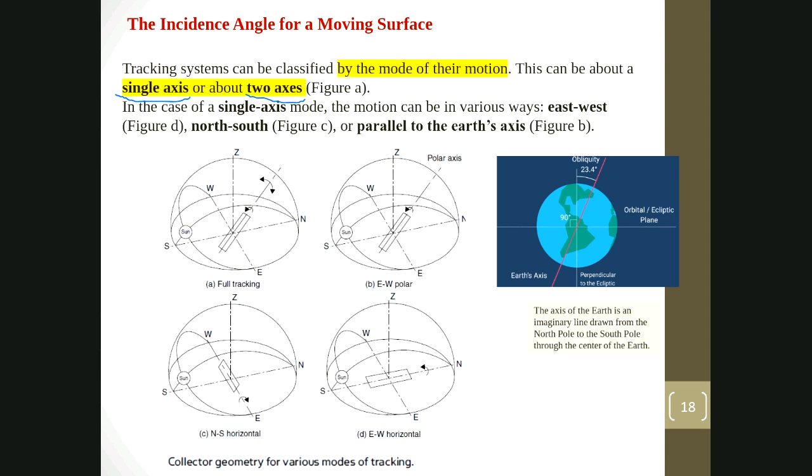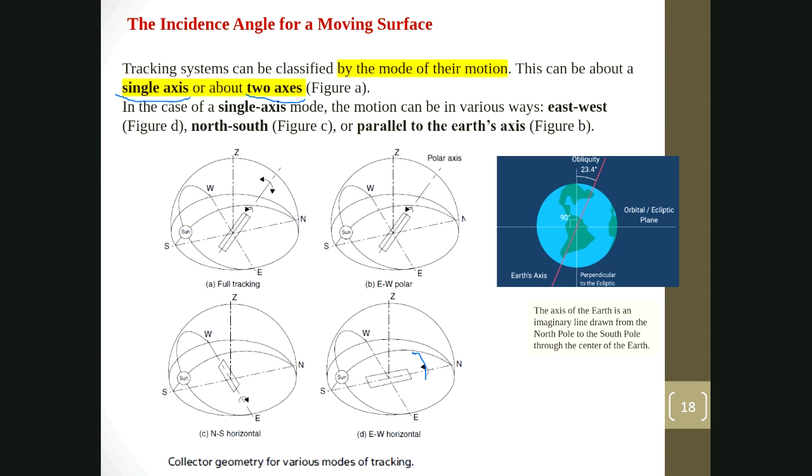Either the surface will track the sun from east to west, with the axis of the surface from north to south, or the surface will track the sun from the south or north to the east.